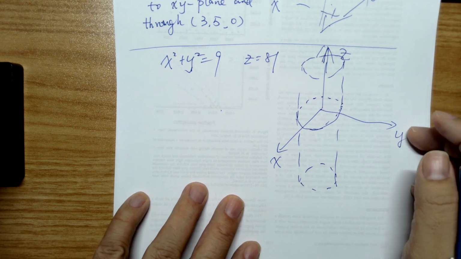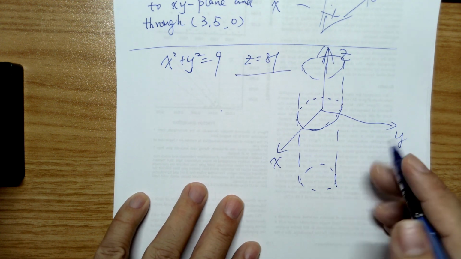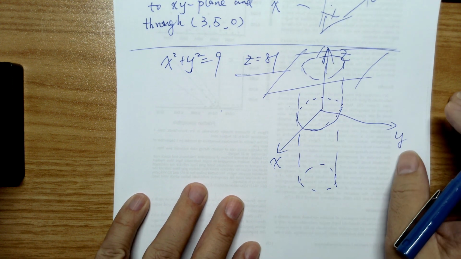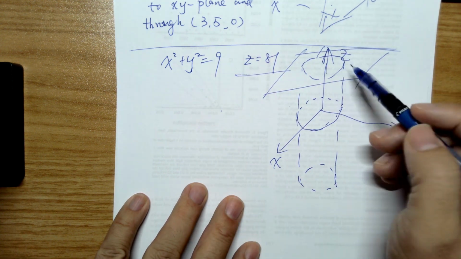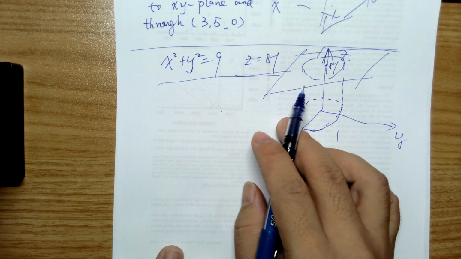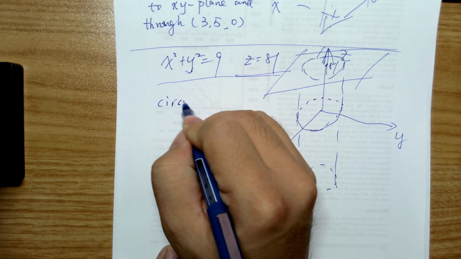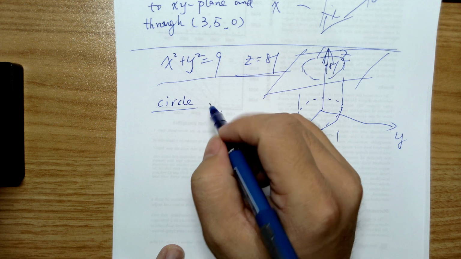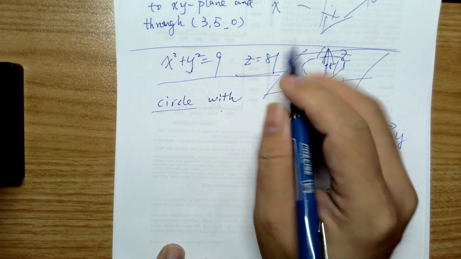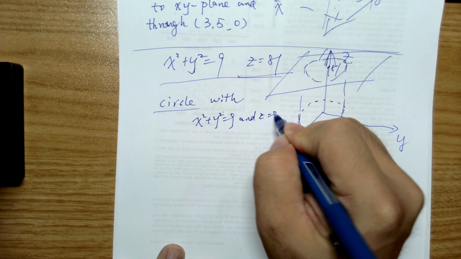And we'll add one more condition here. z equals 81. z equals 81 means what? It is a plane that is perpendicular to the z-axis and intersects at 81. So basically, what it will show here is this other circle, with the condition x squared plus y squared equals 9, and z equals 81.